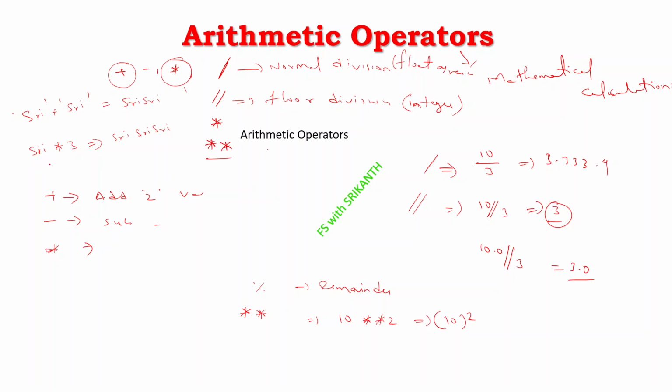Here the string repeats a specified number of times. And for normal division and floor division, the normal division always gives a decimal, and the floor division tries to return an integer value. Now some practical examples.